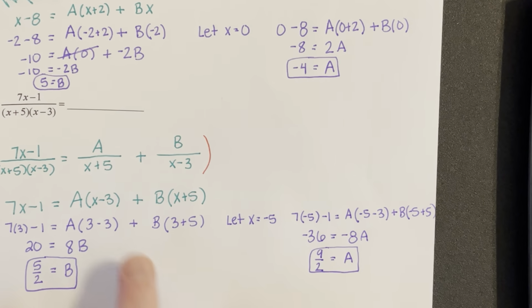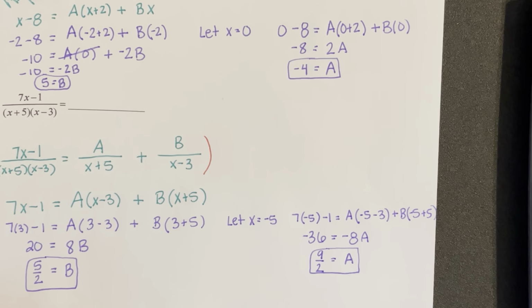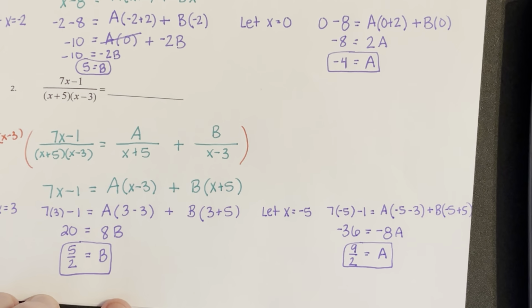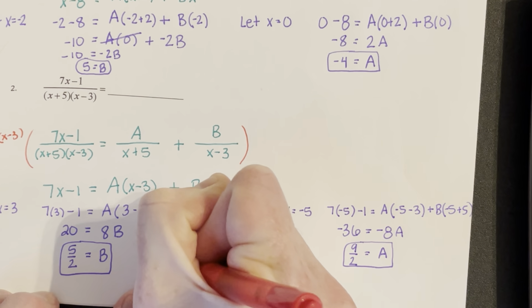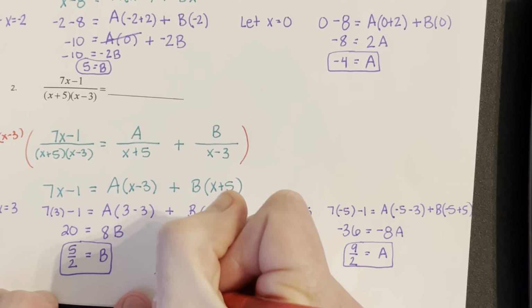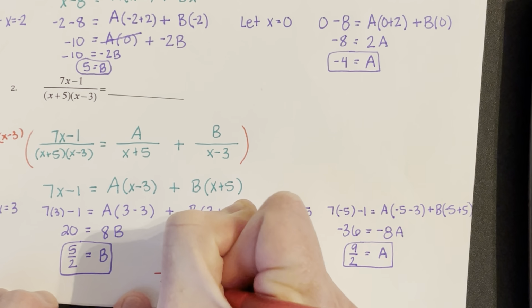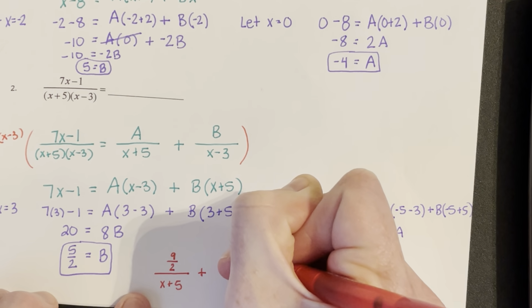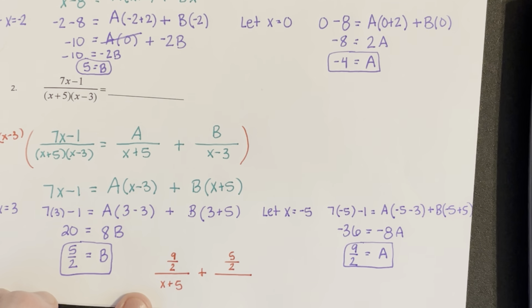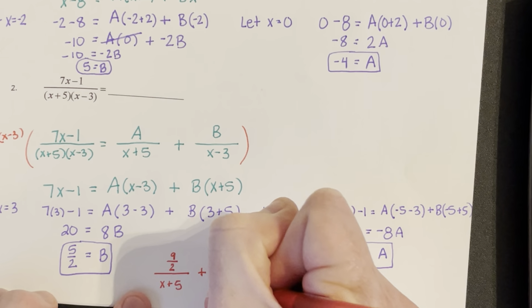I can write my fractions, but we're not going to be able to leave a fraction on top of a fraction. So let me show you how we would end up writing it. I have 9/2 over x plus 5 plus 5/2 over x minus 3.